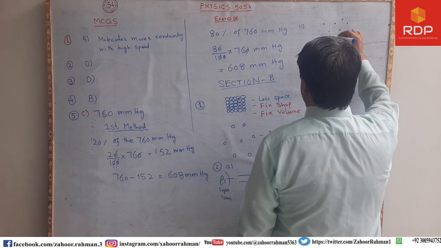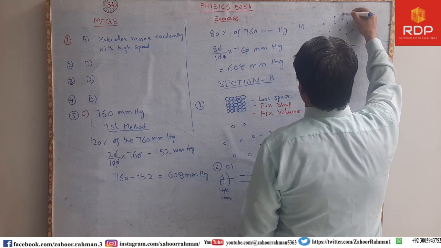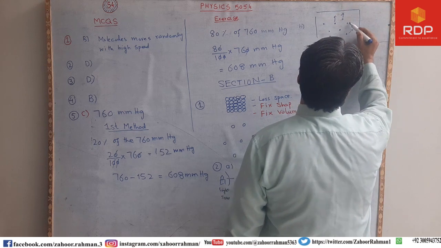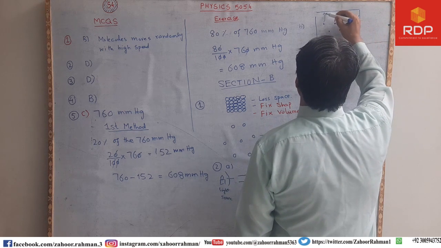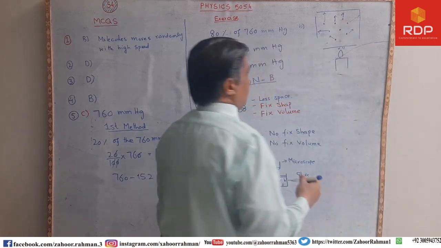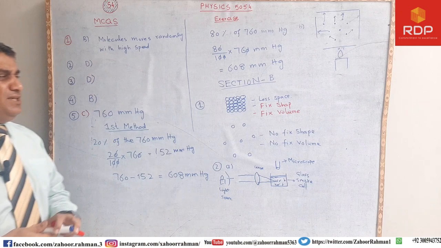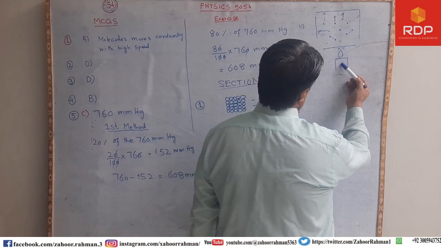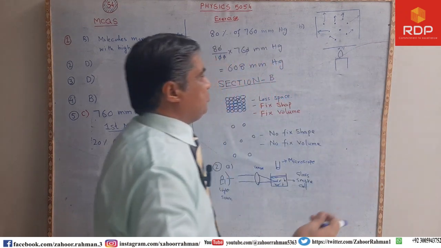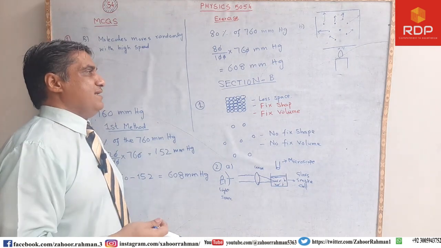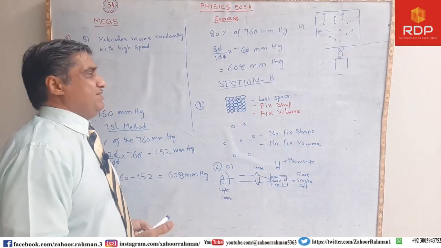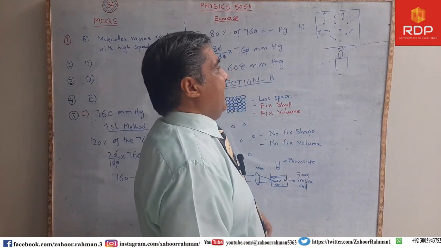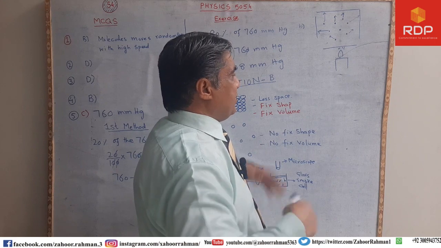They are moving fast, and they will move towards the wall of the container with high speed, putting very high pressure on the walls of the container. So we are saying that when we increase the temperature, we are giving energy to these air particles. When they get energy, it means they are moving fast, and they are putting pressure on the wall.